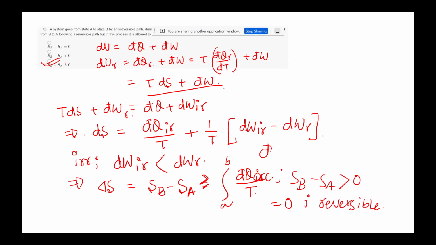So in that process, when it doesn't exchange heat with the surroundings, it will be 0. So we can write it in terms of this.